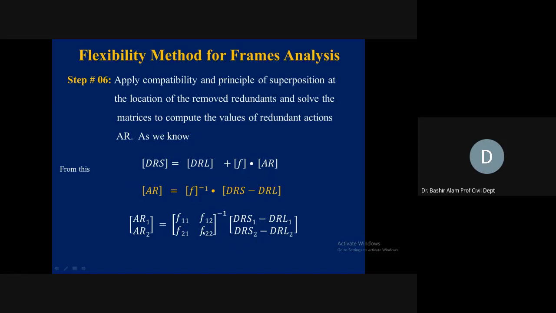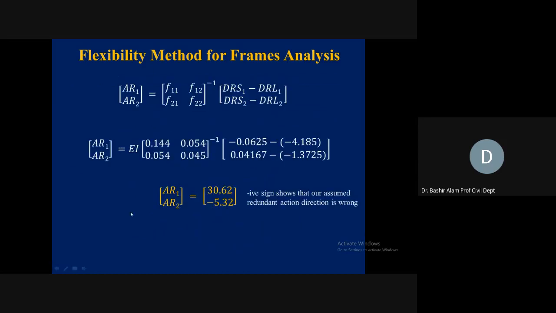Why do we see this flexibility coefficient 2 cross 2? Because the structure was statically indeterminate to 2 degrees. We plug in the values by putting the values here. Now, why was it 1 over EI, and why is it becoming EI? Because we took the inverse of this one. So instead of 1 over EI, it became EI.